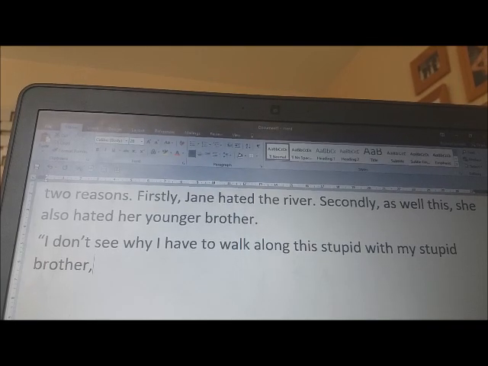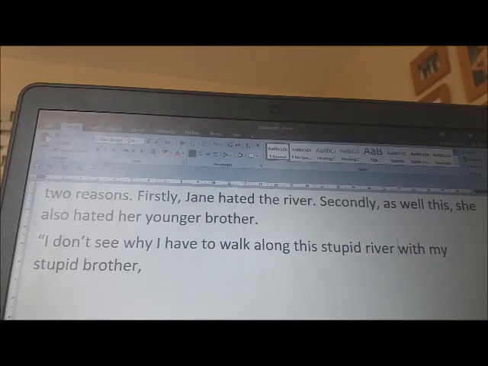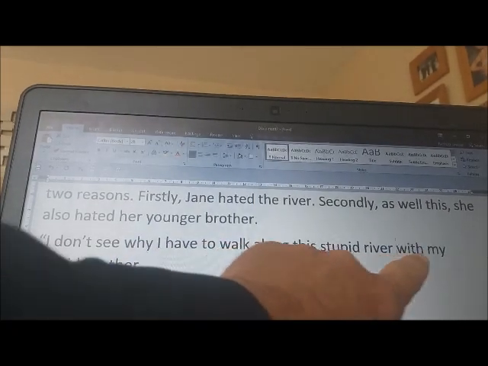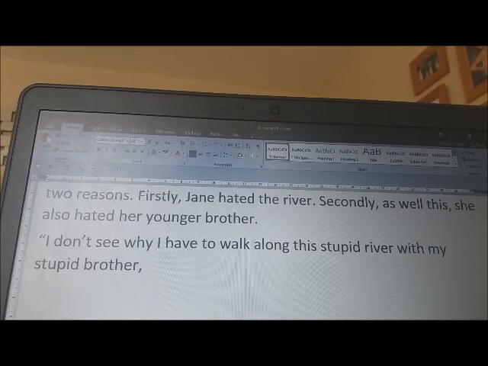I don't see why I have to walk along this stupid, oh, I've just realised that I've missed out the word river. I hope you saw that. There we go. You didn't tell me, did you? Let's try this again. I don't see why I have to walk along this stupid river with my stupid brother. That's better. Okay. Stupid brother. And then there's a comma.